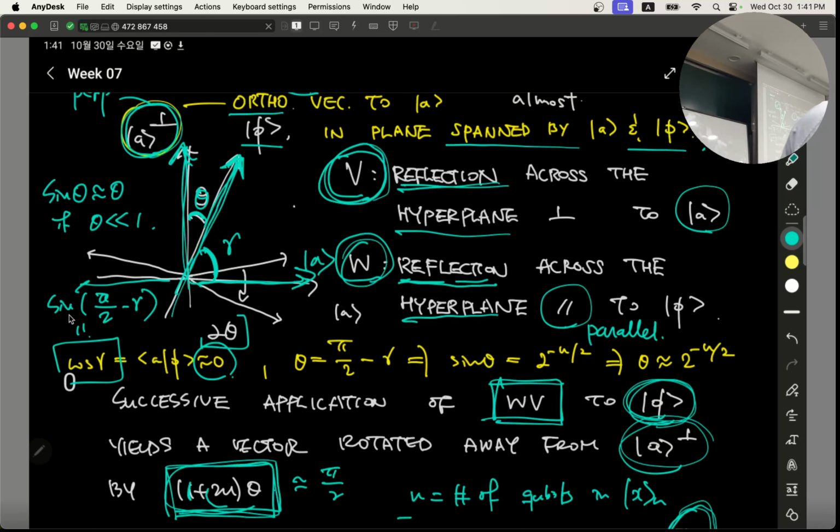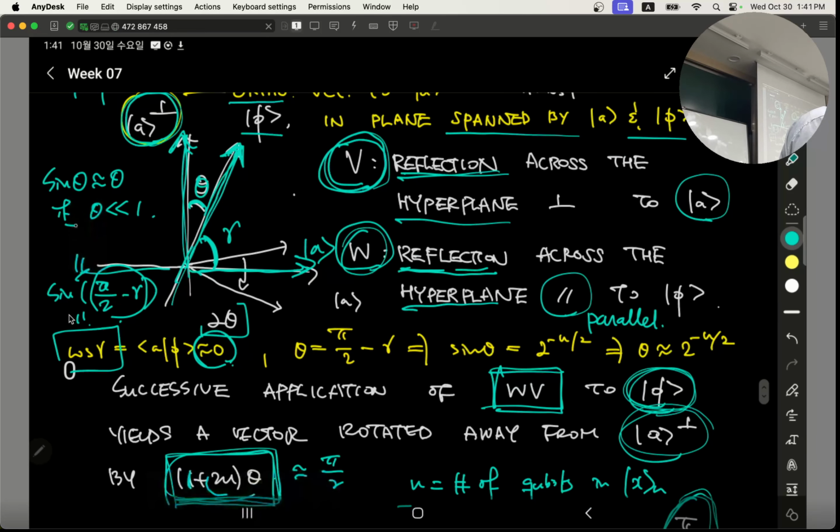Since we have a sine of something almost equal to 0, I can assume that pi over 2 minus gamma is almost equal to 0. When I have such a situation, I can say this sine value is almost equal to the theta value, pi over 2 minus gamma. That's my theta here. So that's why I get this theta here.